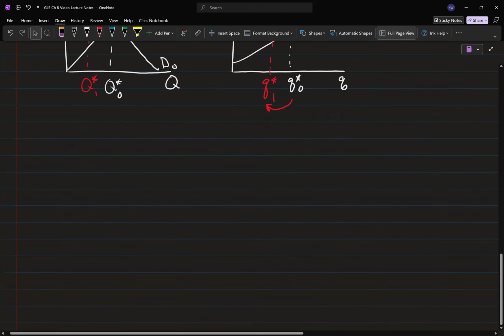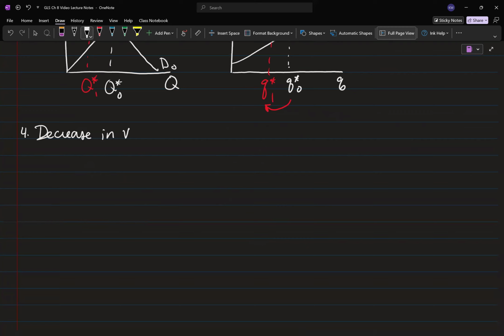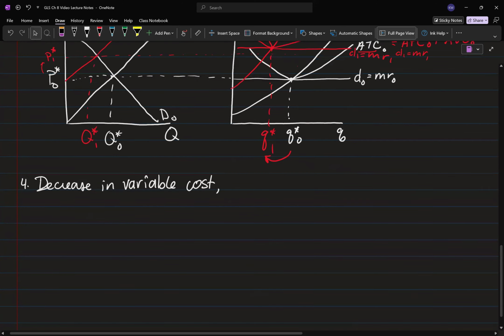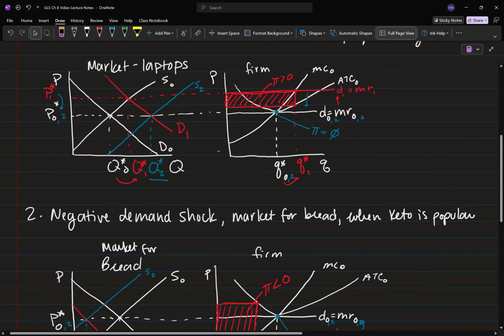Now let's go to example 4. With example 4, we're going to have a decrease in variable costs. Let me check what the example we planned to use was again. Decrease in wages to police.